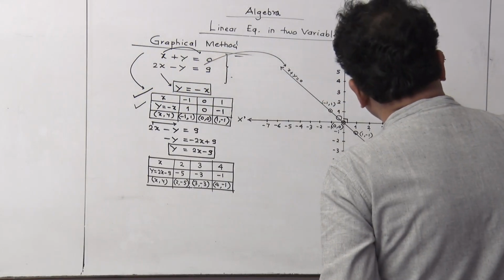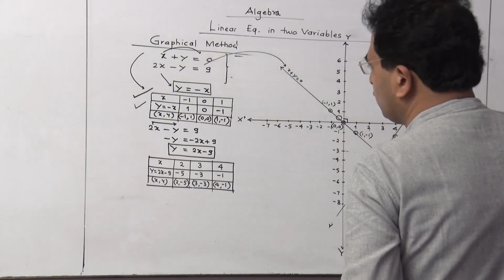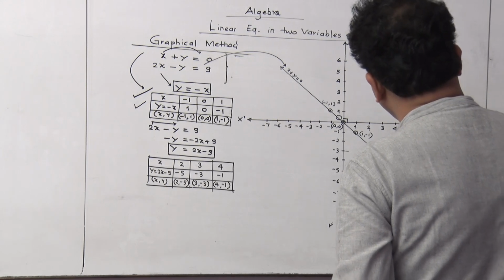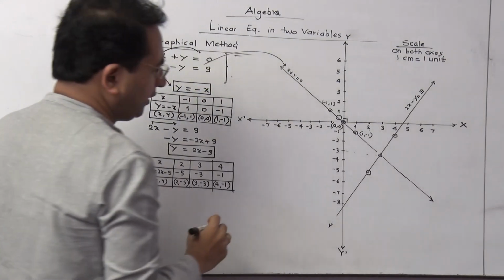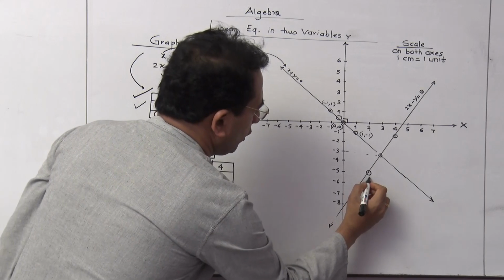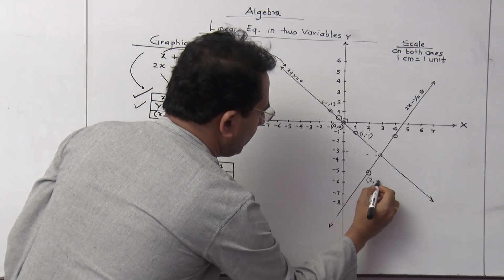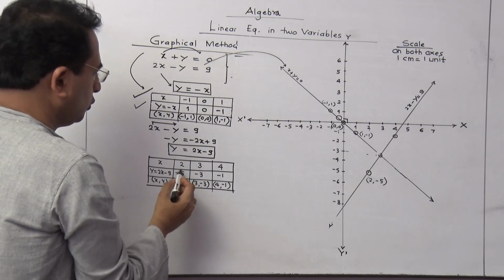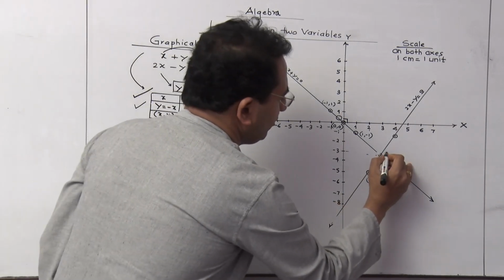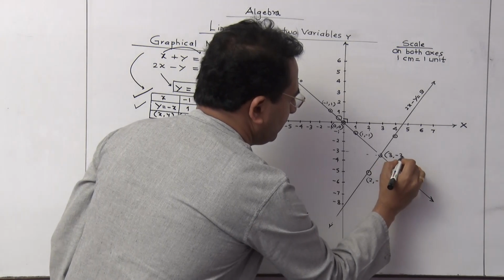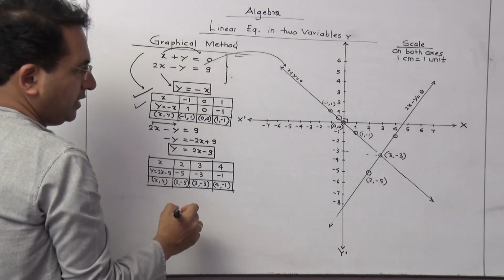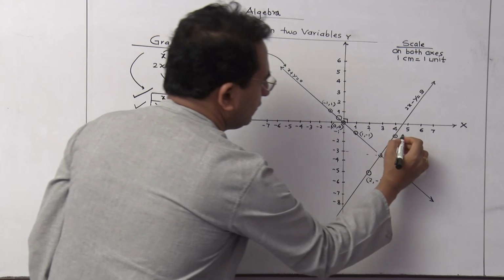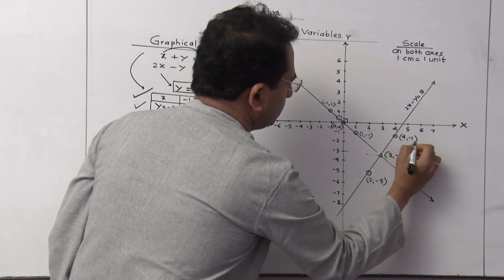It is going to be 2x minus y is equal to 9. Write the coordinates of this point. This point is 2 comma minus 5. This point is 3 comma minus 3. And the next point here is 4 comma minus 1.